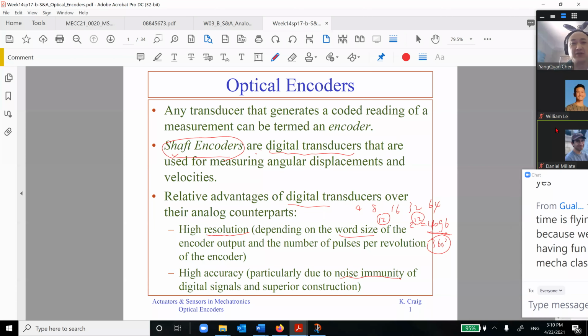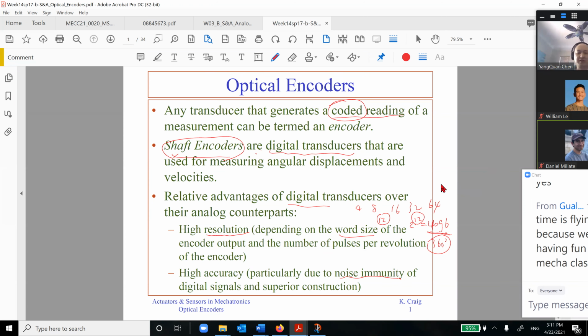Some little bit of noise will not affect our counters. So it is a coded reading. Coded reading, this is an important term. It's called an encoder. Encoder means you put it in like a code.